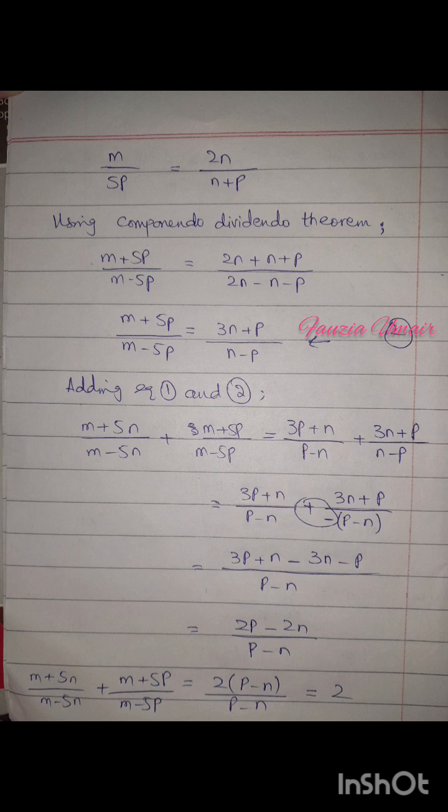If I take the sign common, you can say my LCM is same now. It is p minus n. So I can take p minus n LCM, and the remaining terms will come on the denominator. I will combine the like terms. 3p minus p is equal to 2p. Take out 2 common, and p minus n will be cancelled. So the value of the given expression is equal to 2 again.